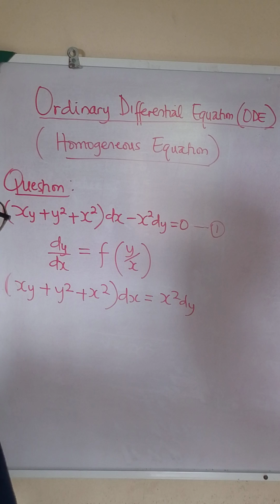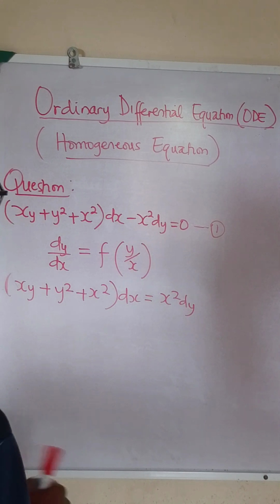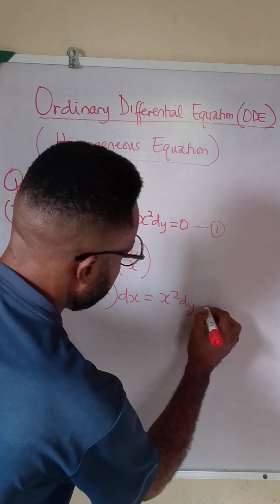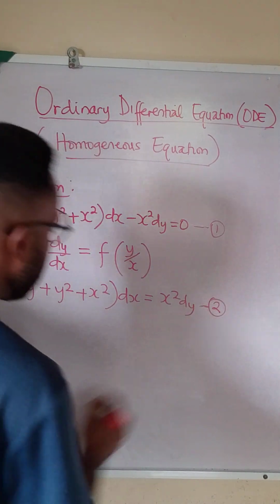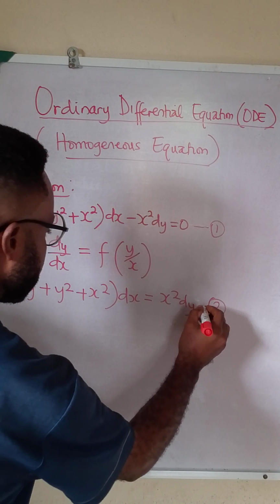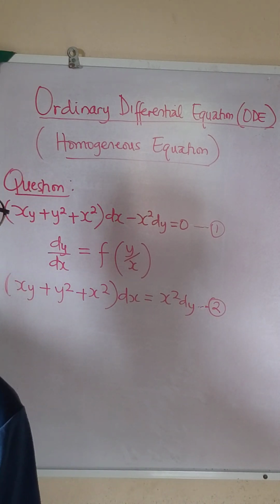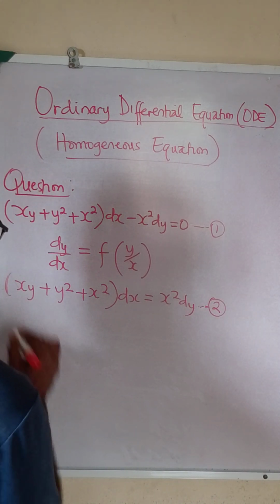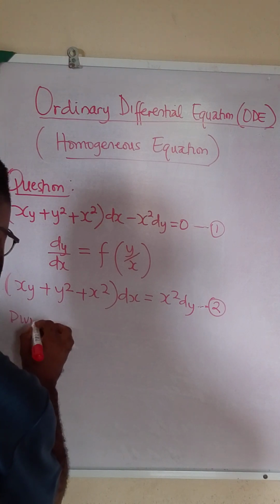In order to do that, let's call this equation 2. We divide both sides of equation 2 by dx.